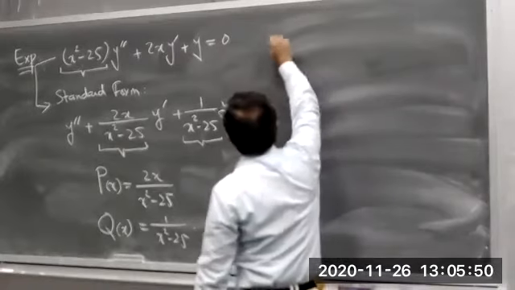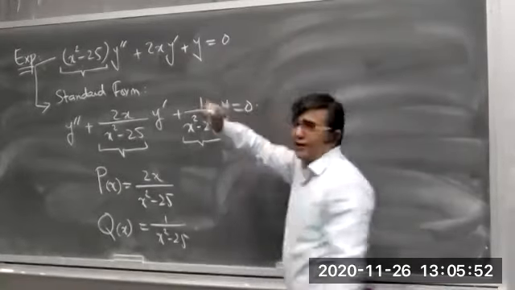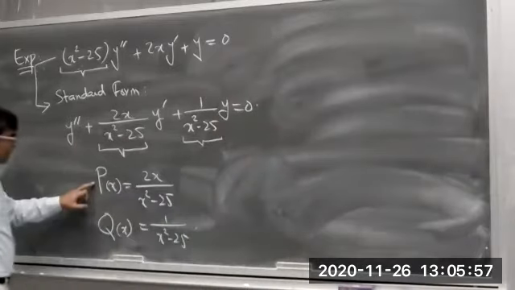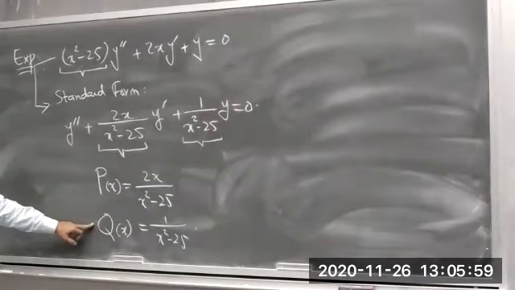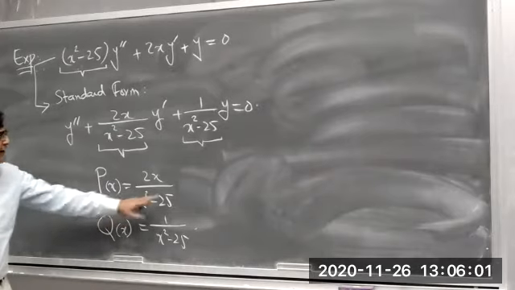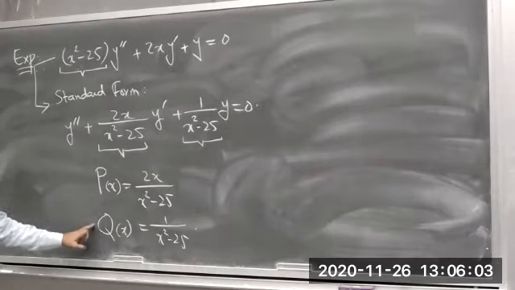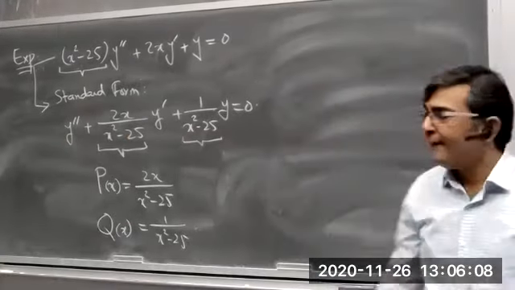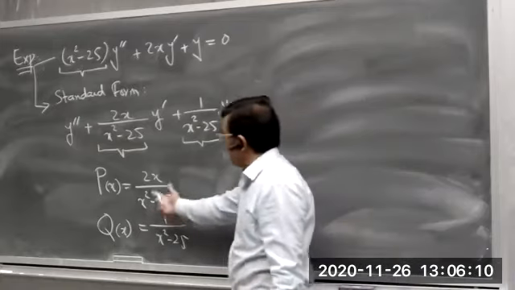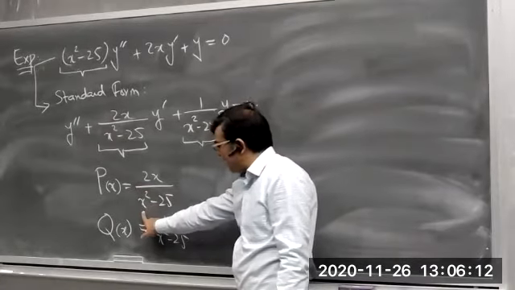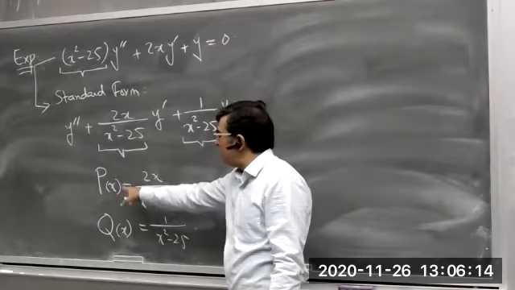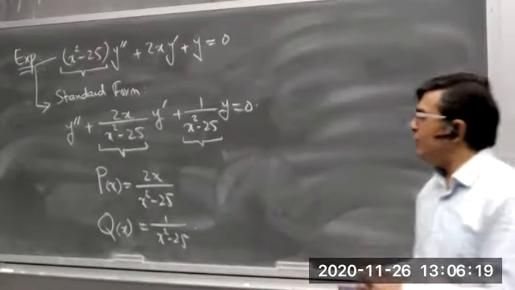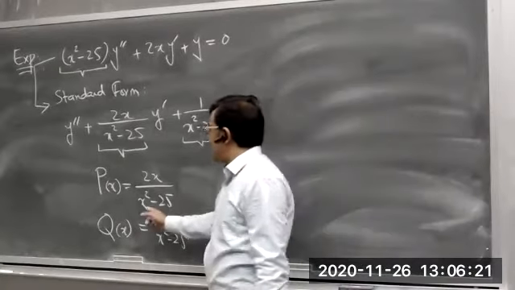Obviously, whenever we put x equal to 5 or minus 5, P of x will be infinity, undefined, and P of x will not be continuous at x equal to 5 or minus 5.